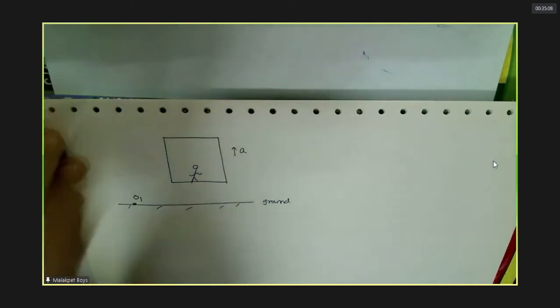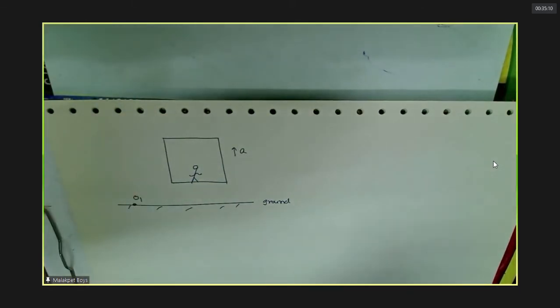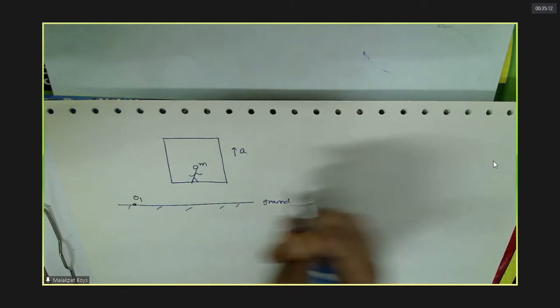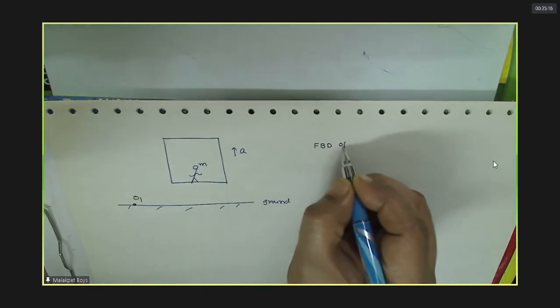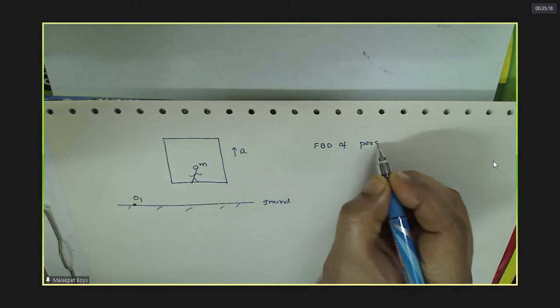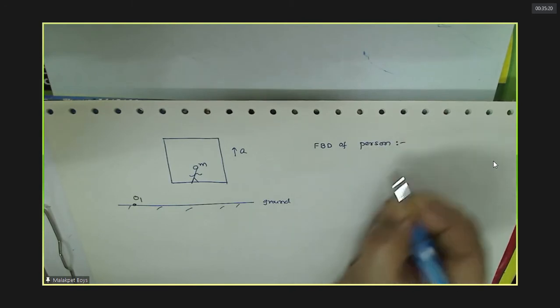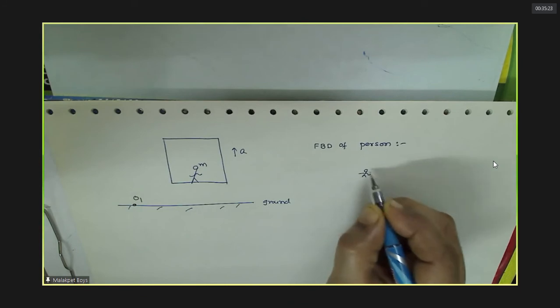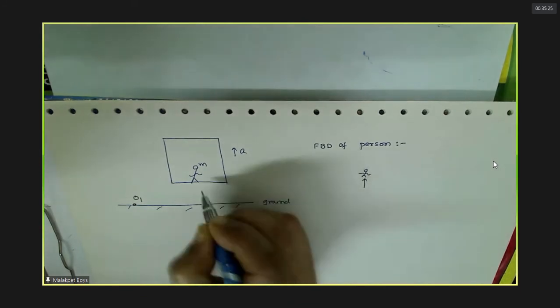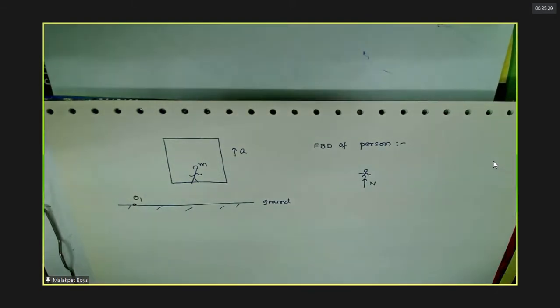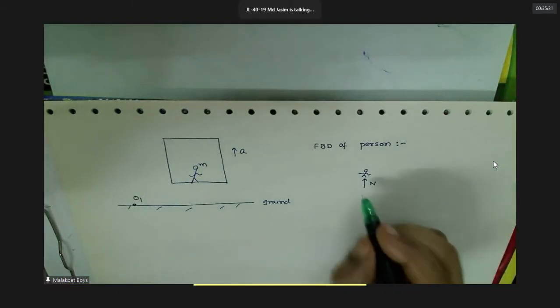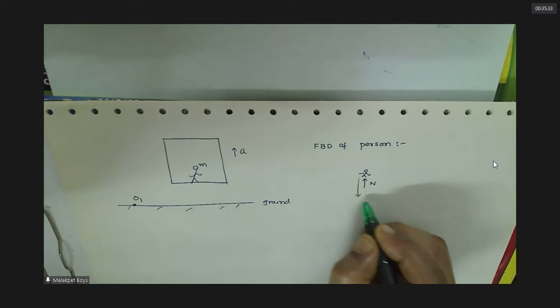Let us see. He draws the free body diagram of the person, mass M. On him, this floor will exert one force. Do you agree with this? Yes, sir. And he has his own weight.